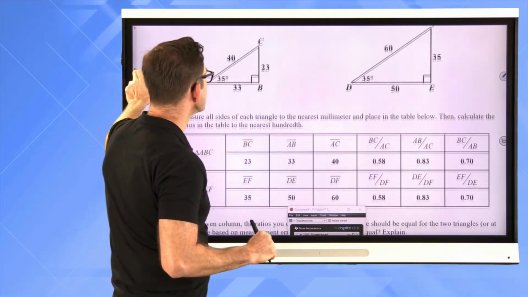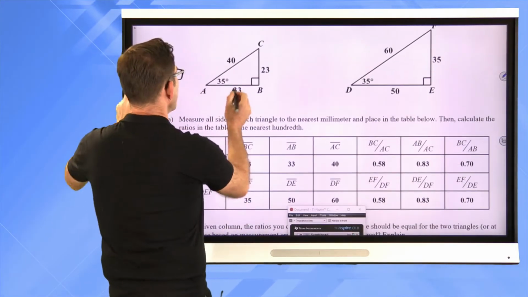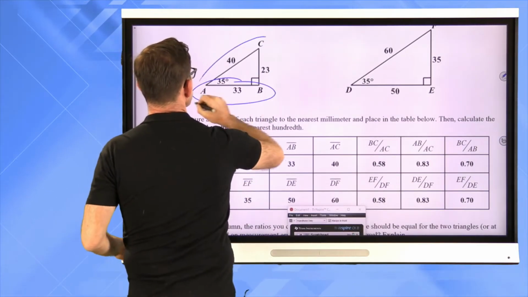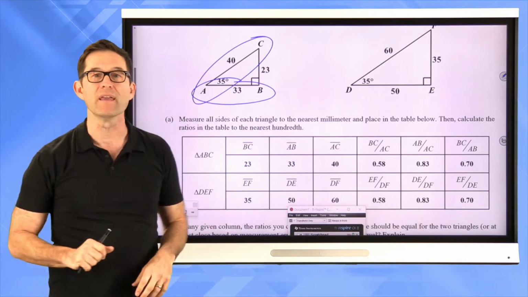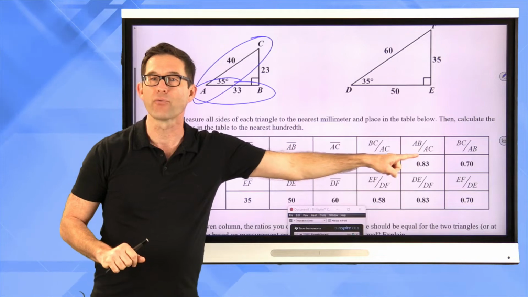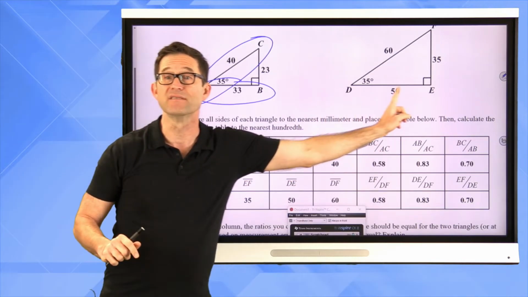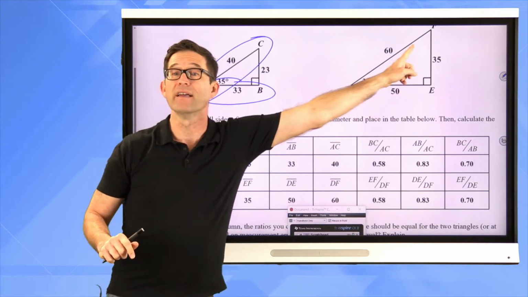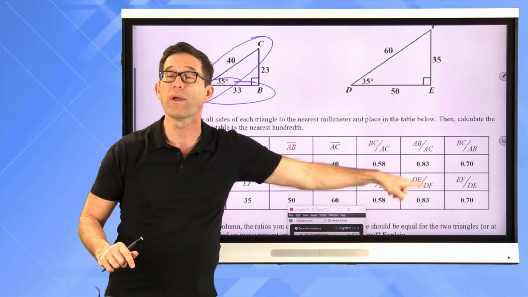So in terms of these, that would have to be this divided by this. I want AB divided by AC. And that's that 0.83 ratio, again the same as DE divided by DF, right? 0.83.